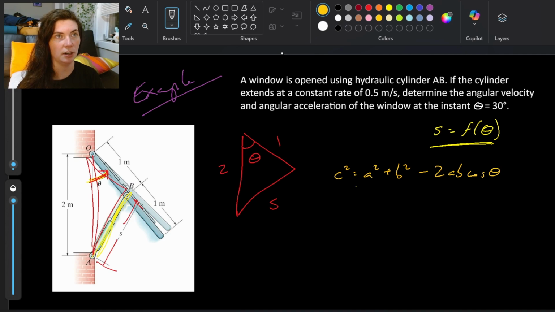As we see here, if I start substituting values in, my c value is actually s. For my a value, I can use the 1 or the 2.